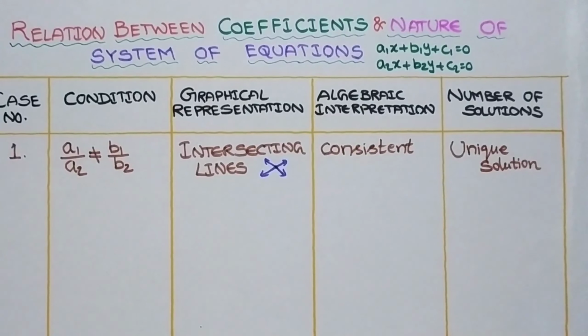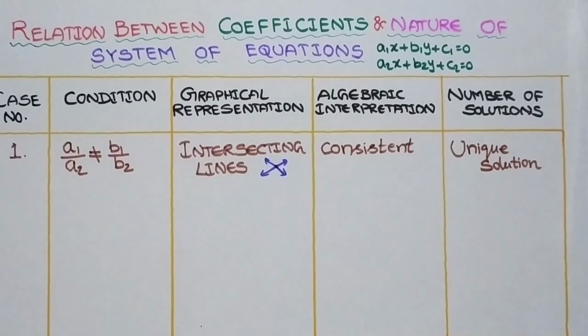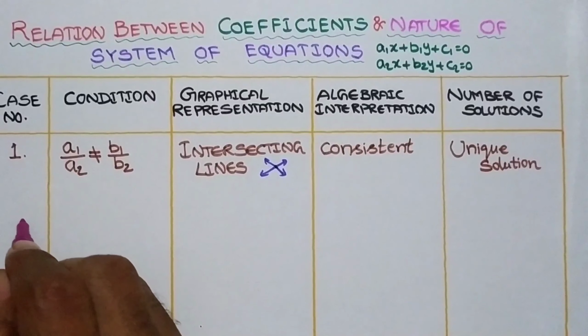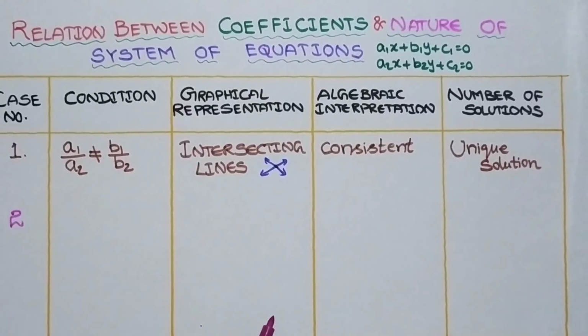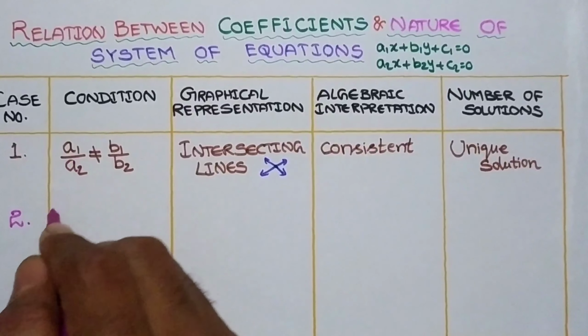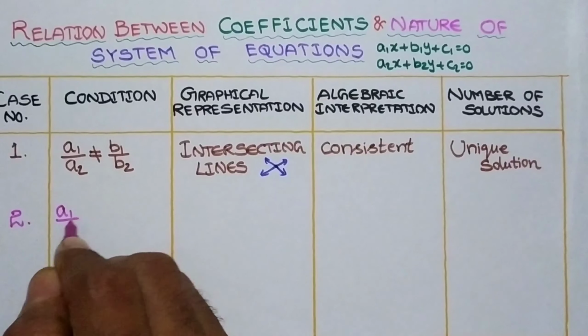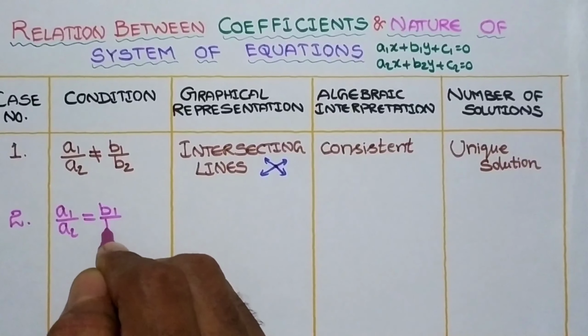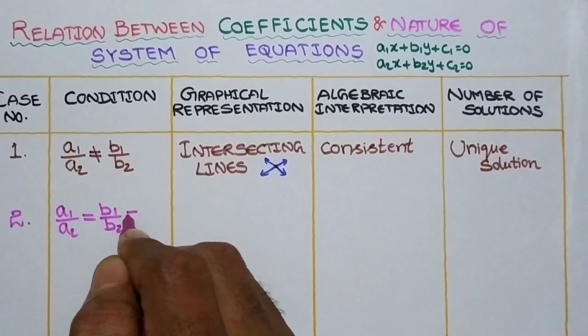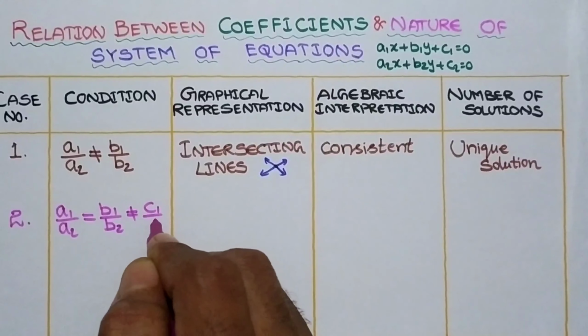Right. Now we see case 2, that is second case. Here a1 by a2 is equal to b1 by b2, whereas this is not equal to c1 by c2.